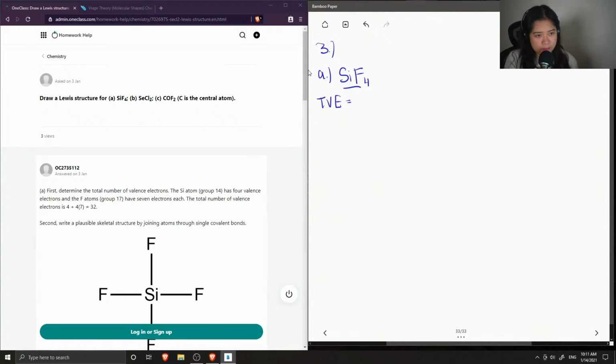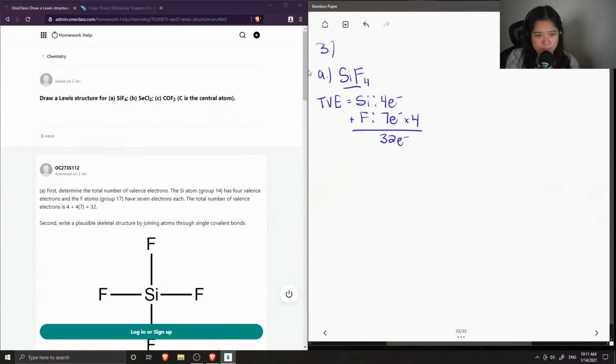So the silicon atom has 4 valence electrons. And fluorine contains 7. And since there are 4 fluorine atoms, we just multiply this by 4. And if we were to add these all up, we'd get a total of 32 valence electrons.